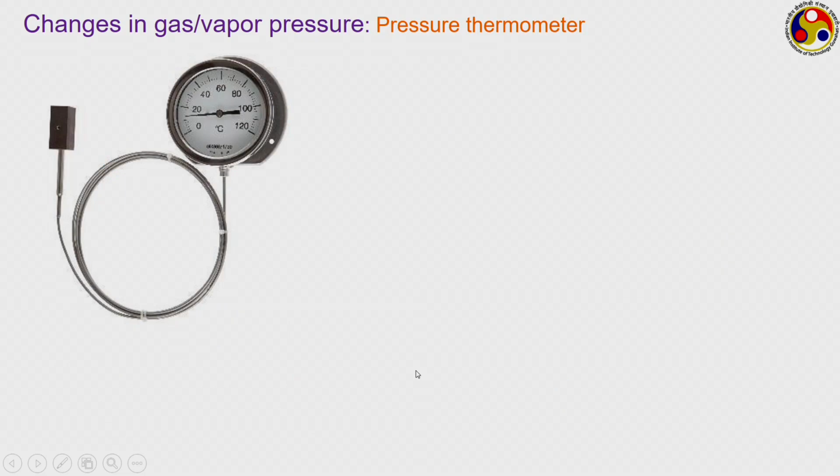Now, constant volume gas thermometer has an improvement in the form of the pressure thermometer, where instead of a fixed or rigid container, we have a chamber within which we can have certain fluid, and as the temperature changes, its pressure again changes, and that is sensed by this particular pressure measurement gauge.